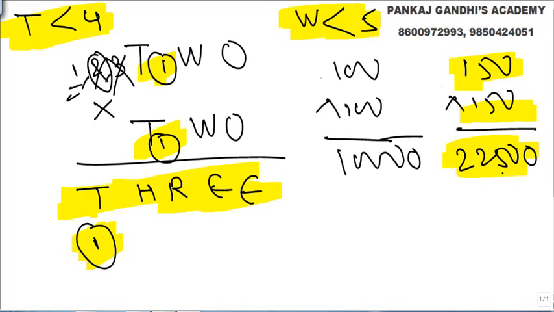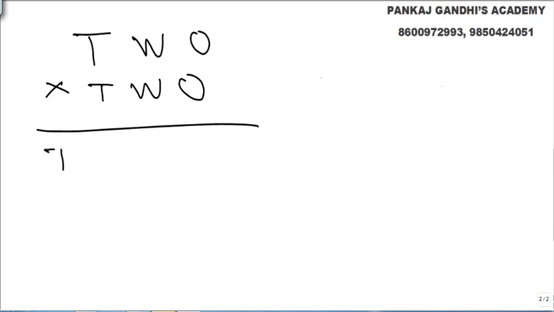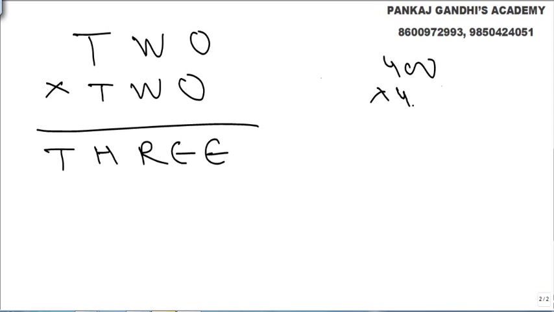So first thing first, what we have realized is, the question given is TWO into TWO, the product we need is THR, 3 digit. So first thing we decided, if T is 4 or more than 4, 400 into 400 is a 6-digit number.